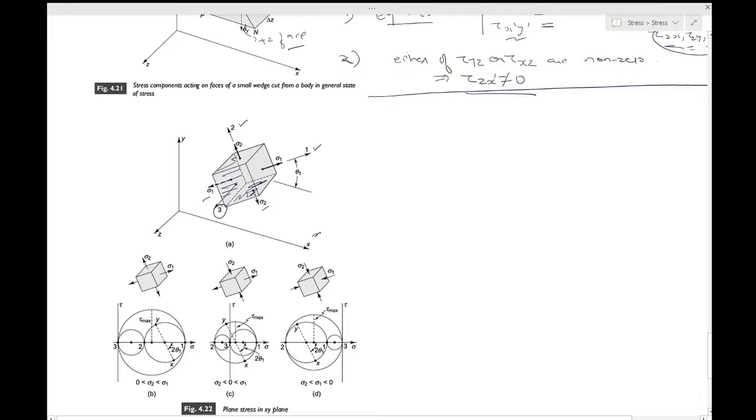Okay, and this you already know because it's a plane stress situation, so nothing much will happen to 3. It will continue to be parallel to the z axis.